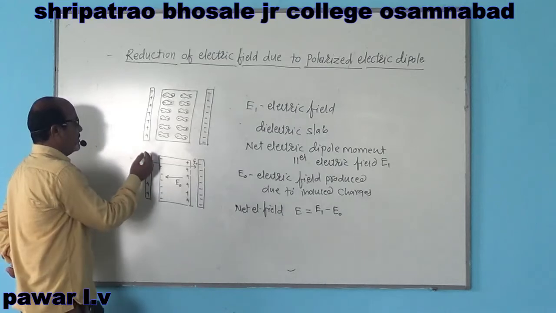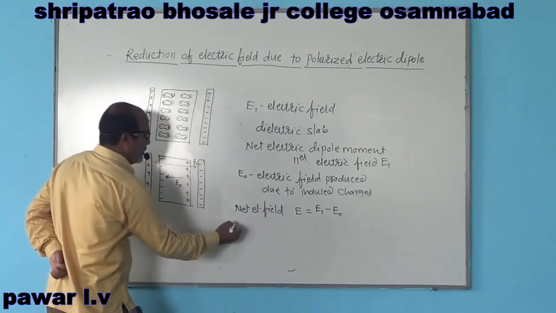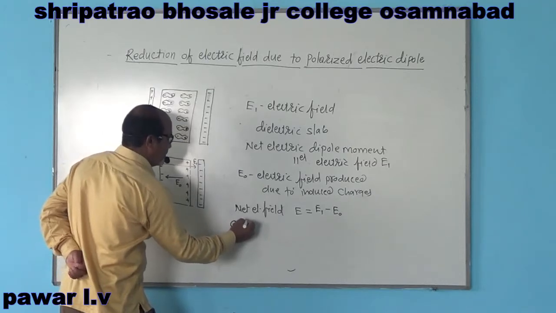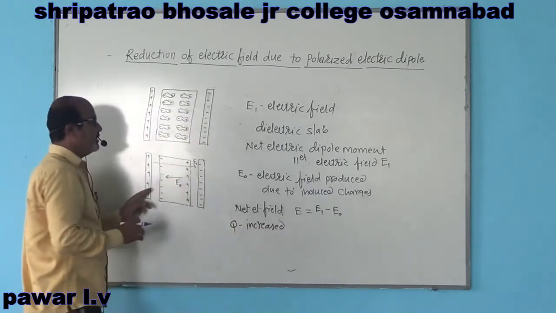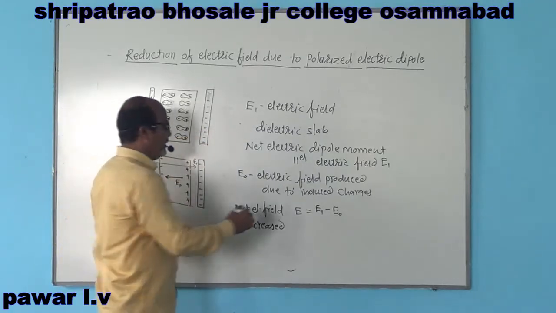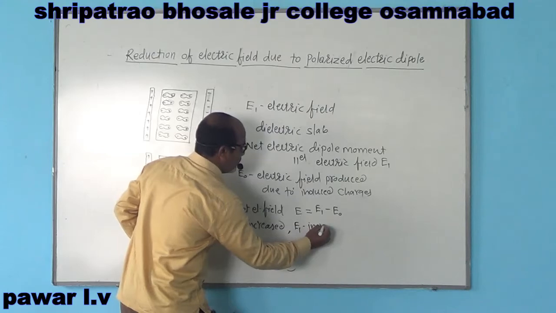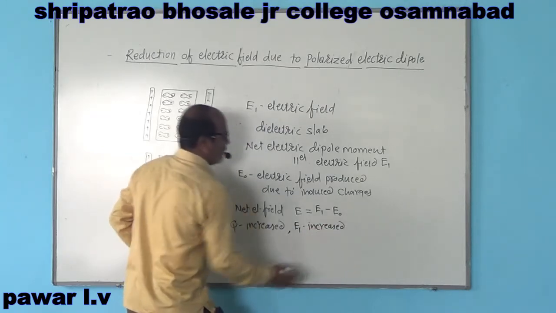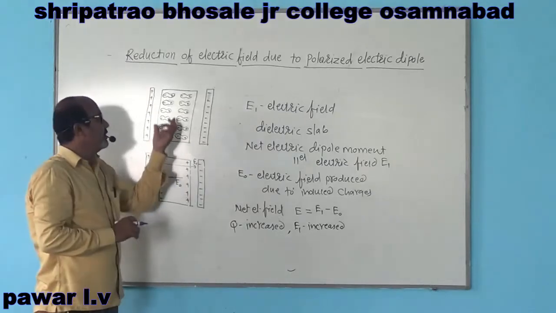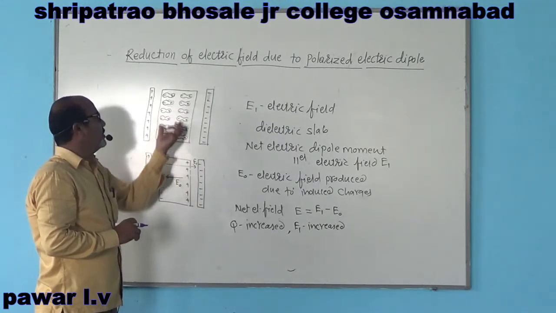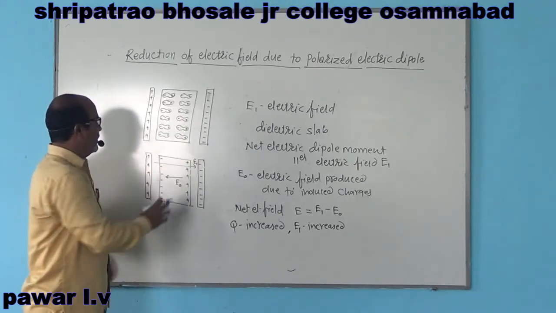If we increase these charges on the plate, if this Q is increased, which increases the electric field E1, as E1 increases, more and more molecular dipoles are aligned parallel to the applied electric field.